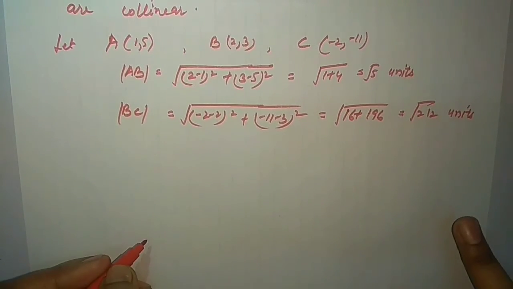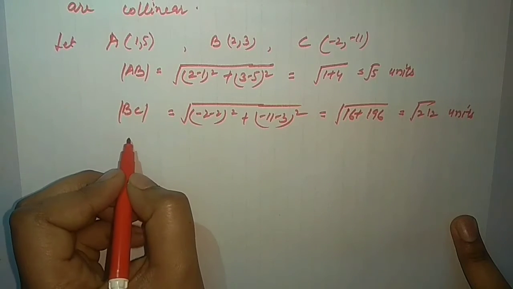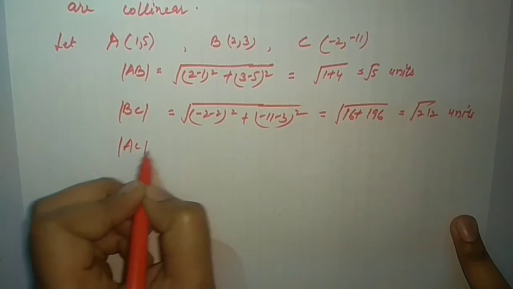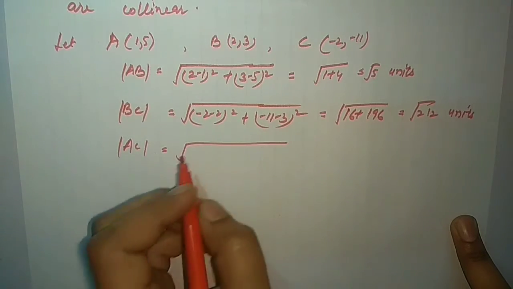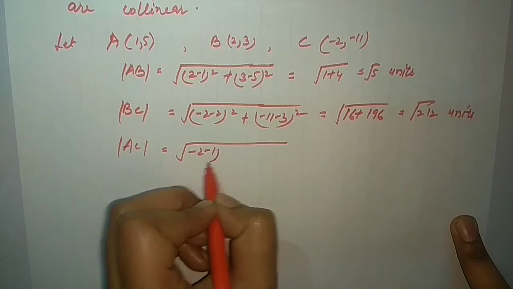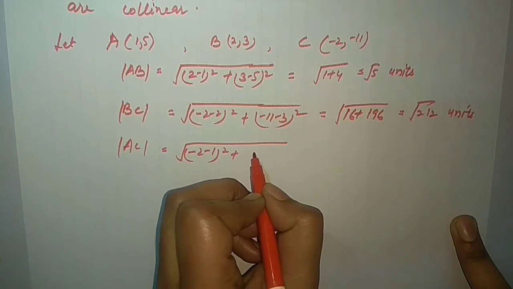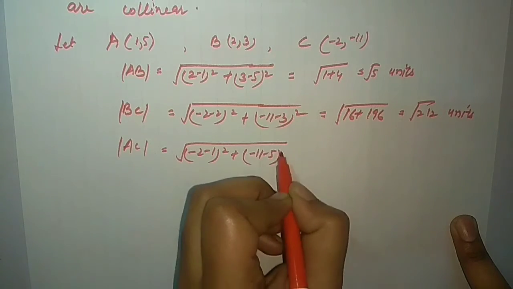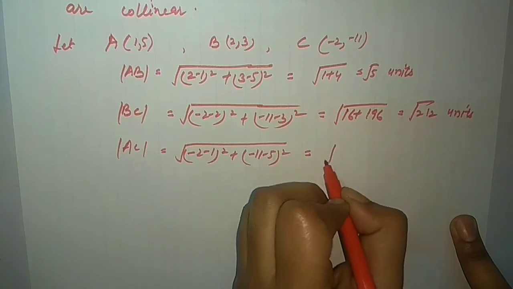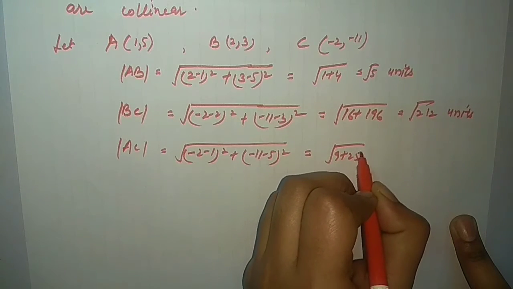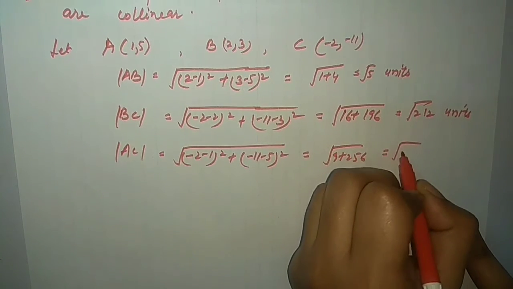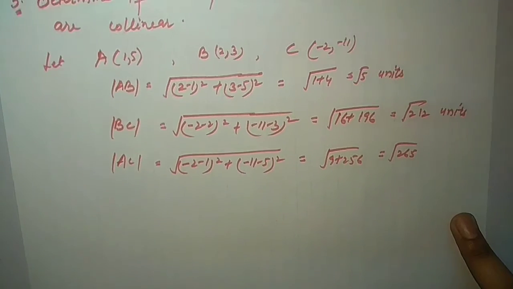This is the distance of BC. Now AC, that is minus 2 minus 1 whole square plus minus 11 minus 5 whole square, that is equal to 9 plus 256, and we get root of 265 units.